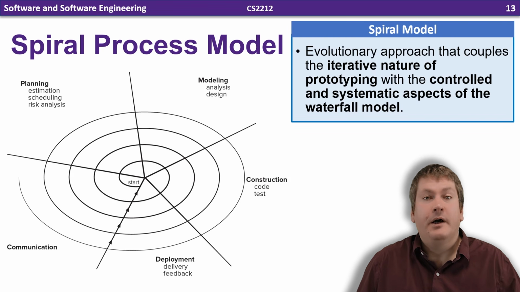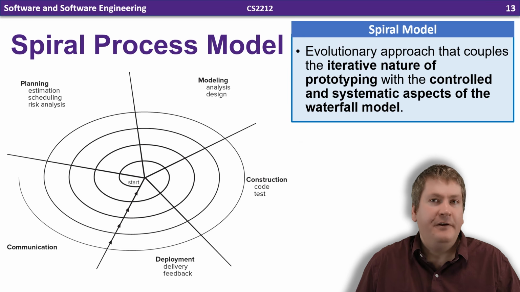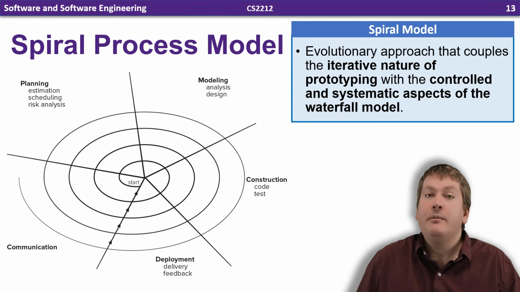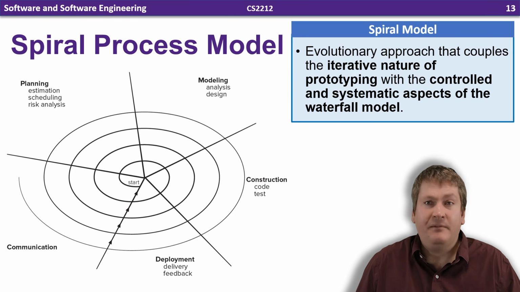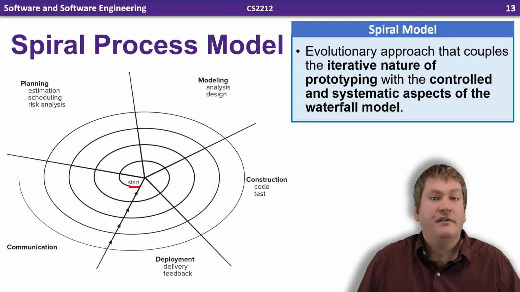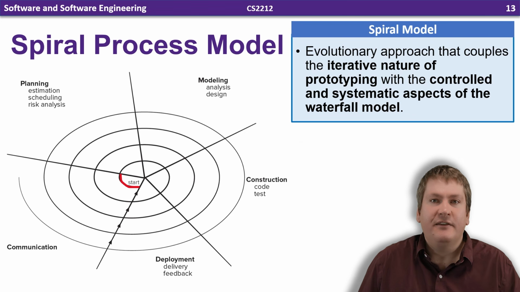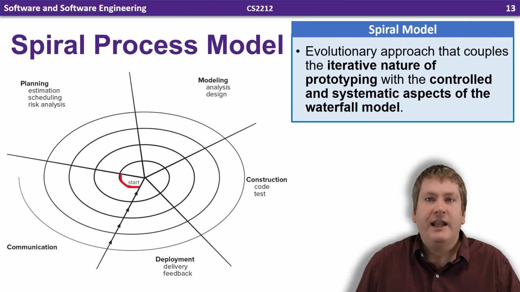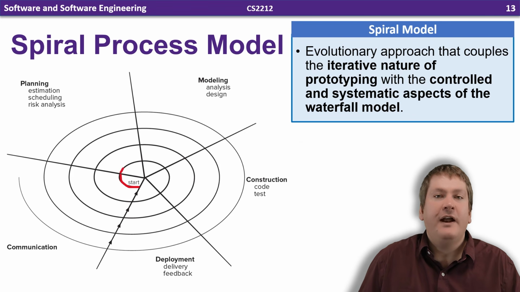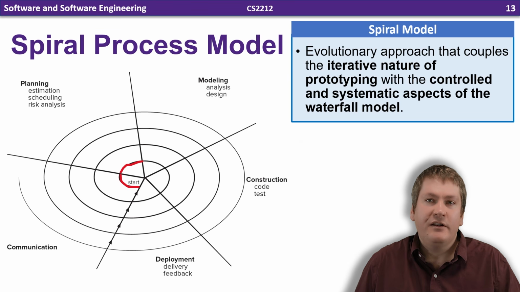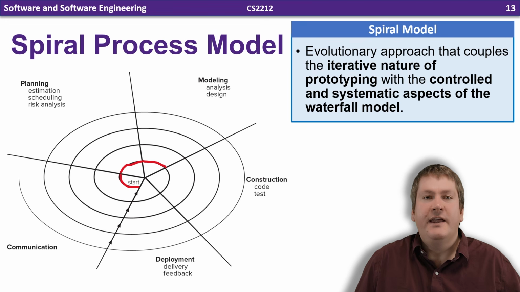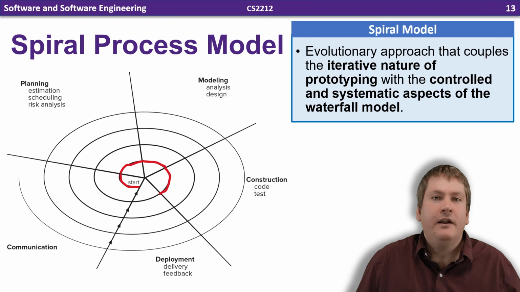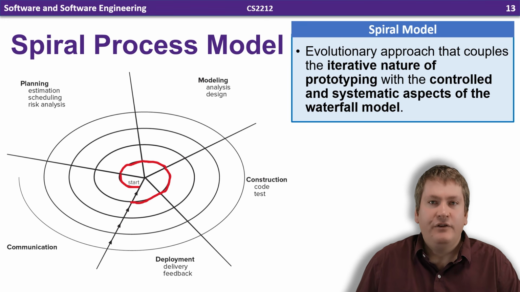The spiral process model in particular combines the iterative nature of prototyping with the more controlled and systematic aspects of the waterfall model that we saw earlier. This process starts in the center of the spiral that we can see on the screen right now with the communication activity. The other activities are then completed in a clockwise direction, spiraling out from the center, going through planning, then modeling, then construction, and then finally deployment.